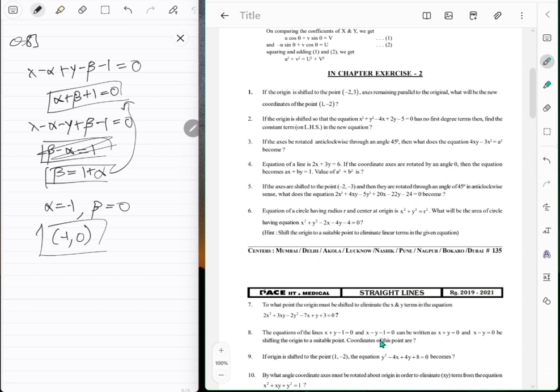Question number 9. If the origin is shifted to this point, this equation becomes... Okay. Well, then this y will be y plus minus 2, I think, because wait a second.